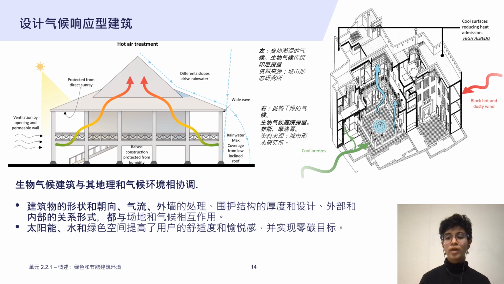The large overhanging roof shades the veranda and the walls. In the hot and dry climate of Morocco, the traditional courtyard house creates a microclimate through clear surfaces reflecting the heat. Cool breezes then enter the courtyard and water cooling.